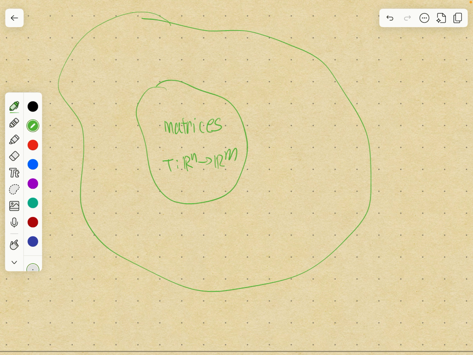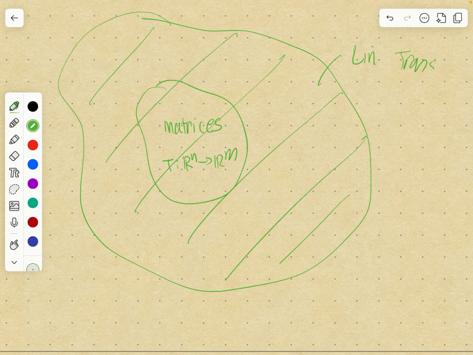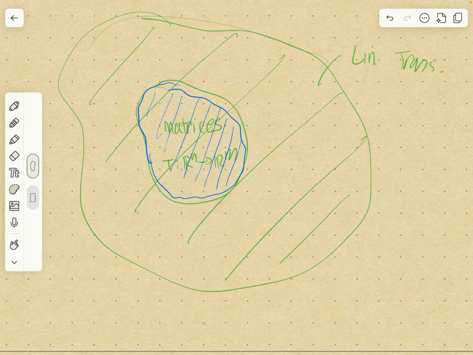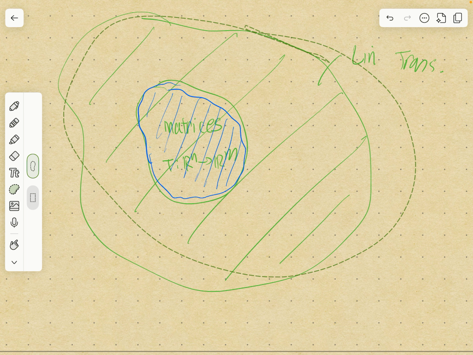So here is all of the linear transformations. And the ones that we have been looking at are only the ones here, where the domain is Rn and the codomain is Rm. But the linear transformation concept is way more general. There are way more linear transformations that we haven't even talked about.